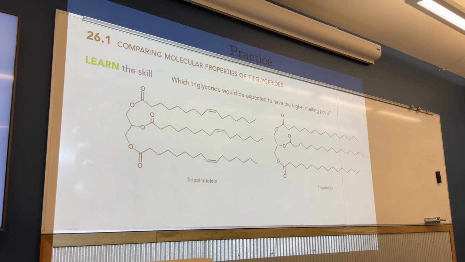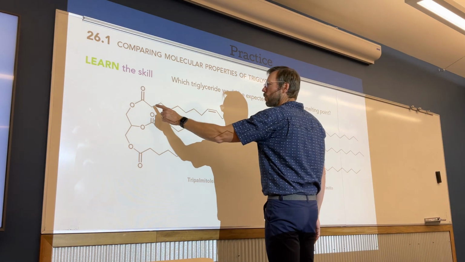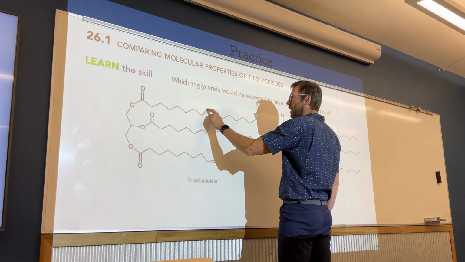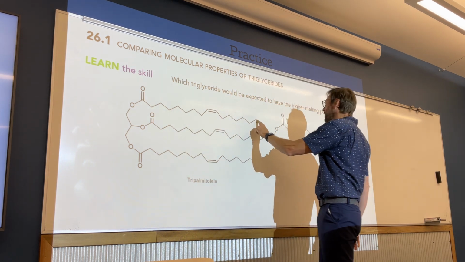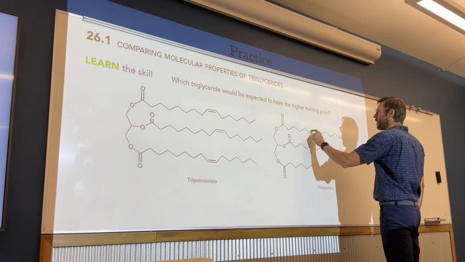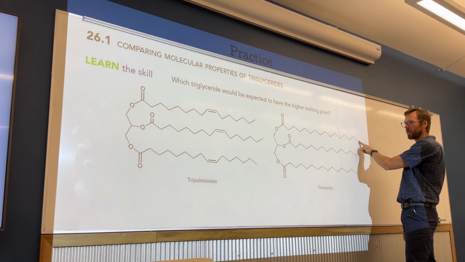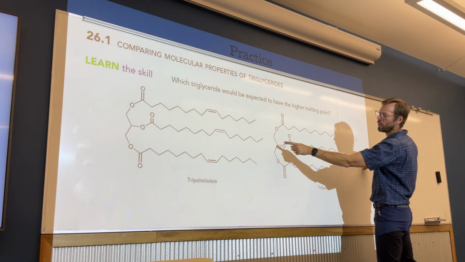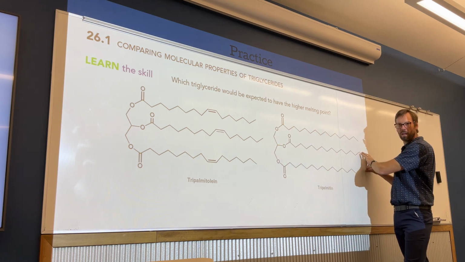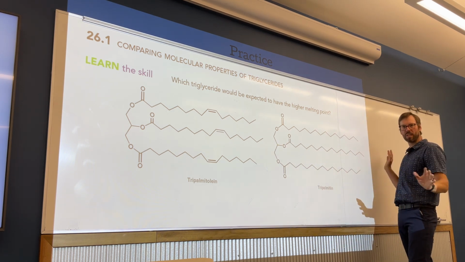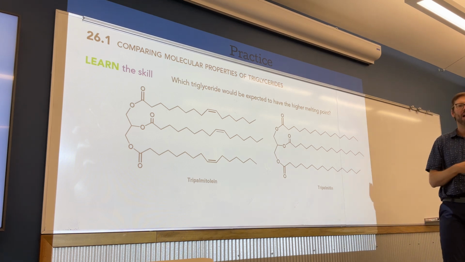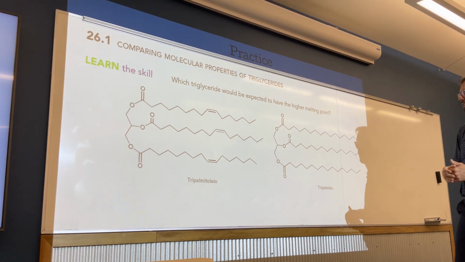So let's use the first criteria. How many carbons? 1, 2, 3, 4, 5, 6, 7, 8, 9, 10, 11, 12, 13, 14, 15. Same. It looks like this is one more, and that's one more. So the hydrocarbon numbers are all the same, and that's not going to differentiate these.